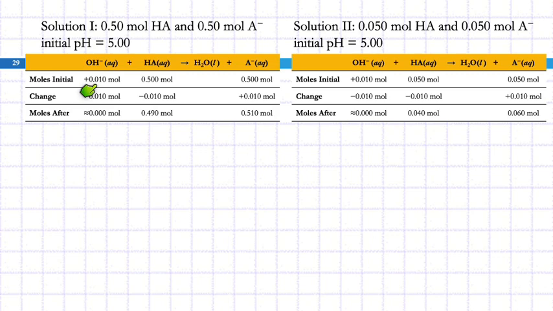Here we're adding the 0.01, so we do our little table here and we get our new amounts, and then we use the Henderson-Hasselbalch equation.